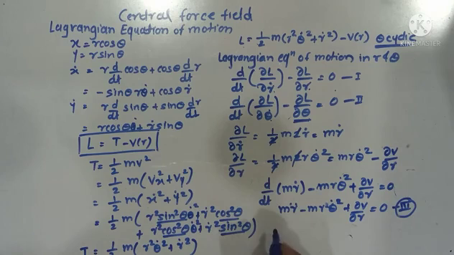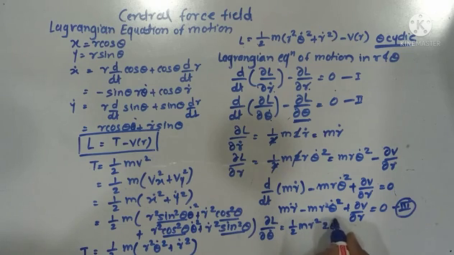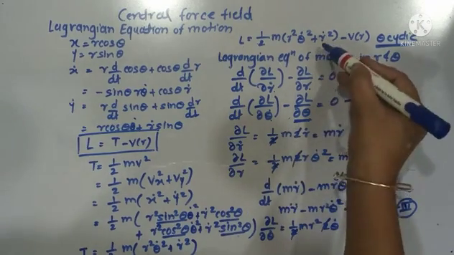Okay, now let us calculate dou L upon dou theta dot. The terms of theta dot will only remain, so I am going to get 1/2 m r square into 2 theta dot. These 2 will get cancelled and I am going to get m r square theta dot. The other terms will become 0.